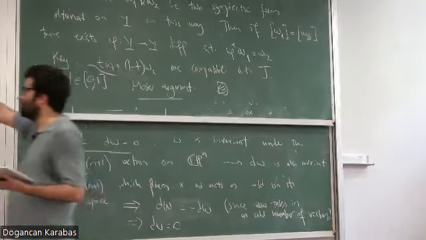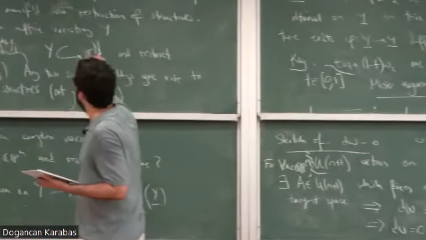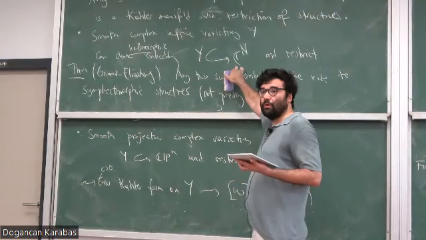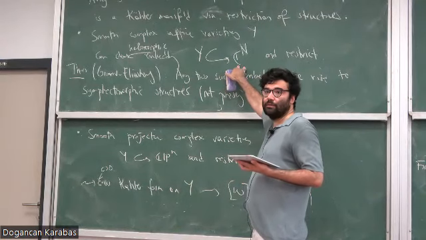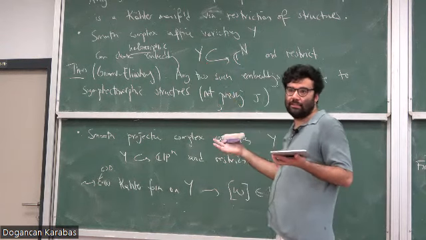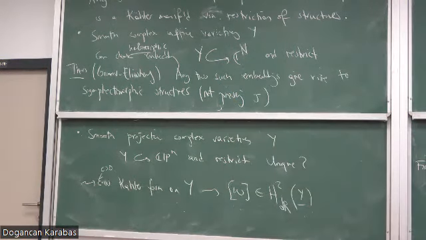Here, all of these smooth complex affine varieties are restrictions of the symplectic form from here, and this is an exact symplectic form. The restriction is also an exact symplectic form, so the cohomology class is 0. So this invariant doesn't exist there; it vanishes. But the biggest potential problem is that when you run this Moser argument, there is some vector field which you need to be able to integrate.